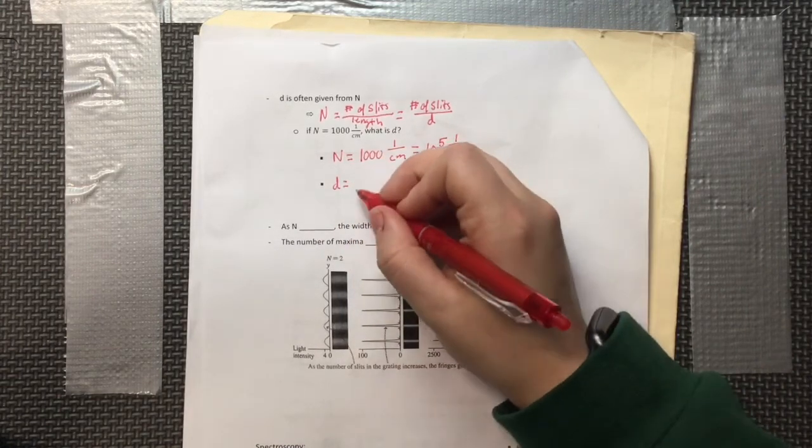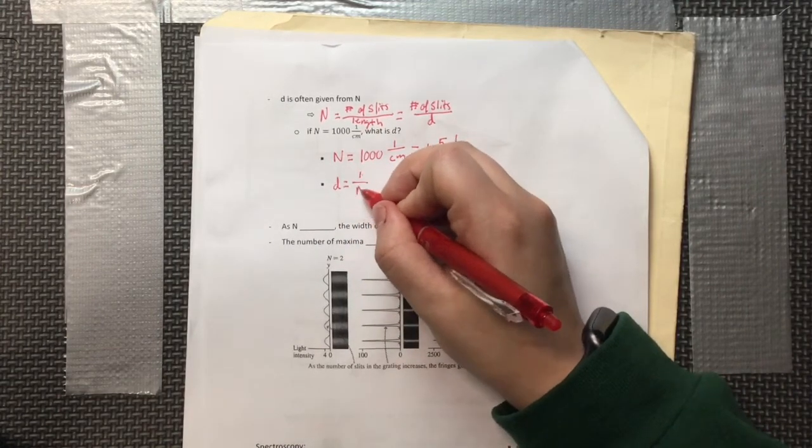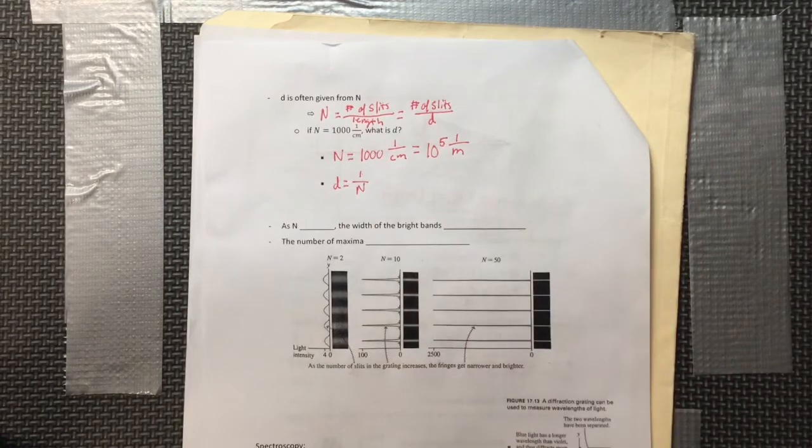D, the distance between the slits, is 1 over n, because we want to find just the distance between one set of slits.